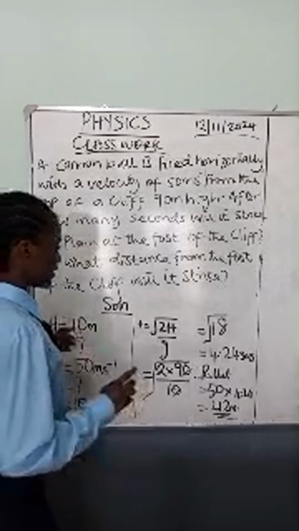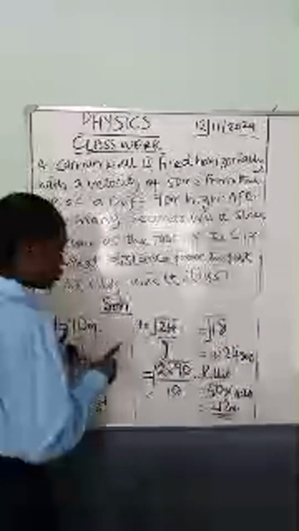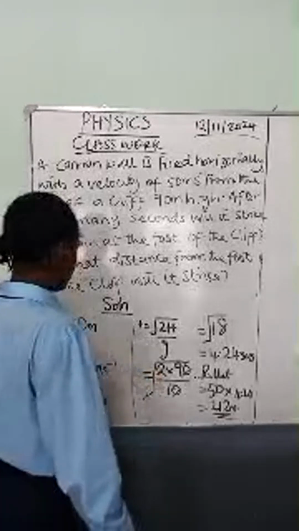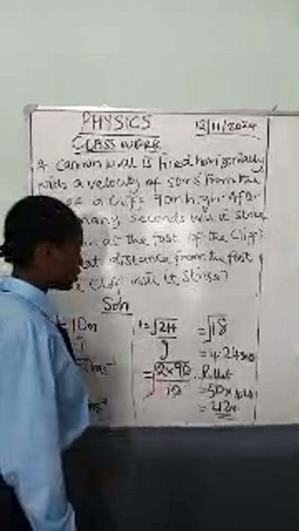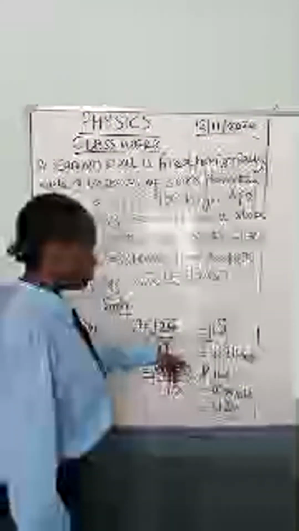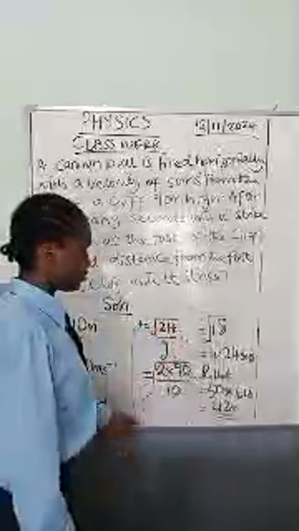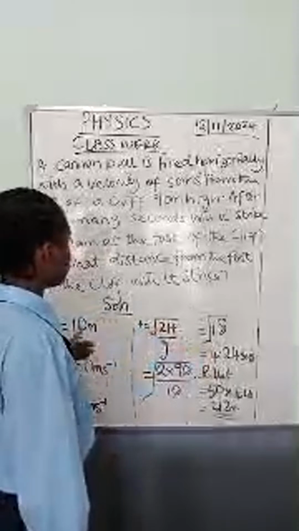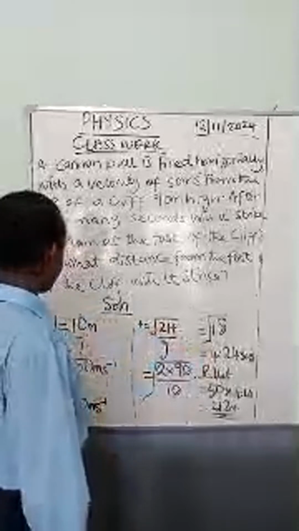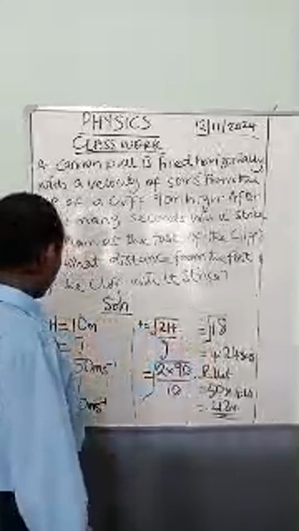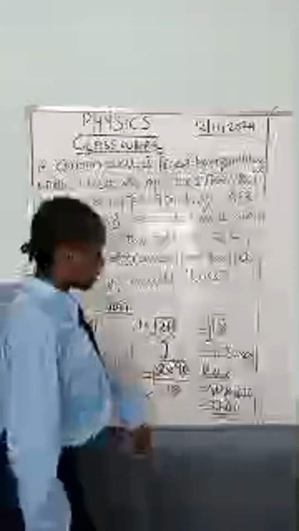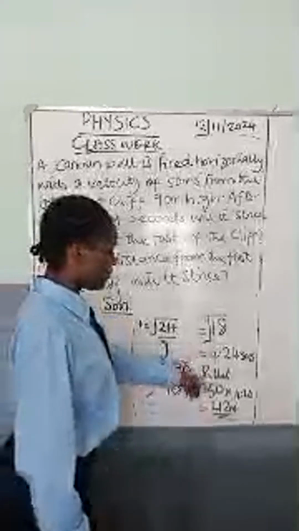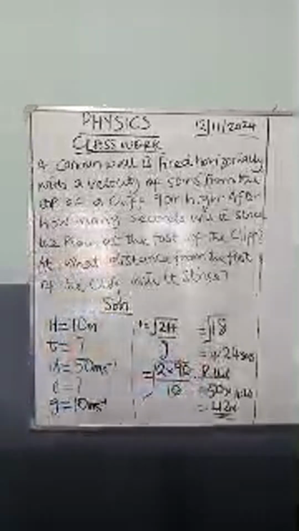According to the formula, to find time is root of 2h over g. So we put 2 times h, which is 90, over 10, our constant. That gives us root of 18, which is 4.24 seconds. And to find the distance, the range, according to the formula, is u times t. So we multiply 50 by our time, 4.24 seconds, and it gives us 212 meters.